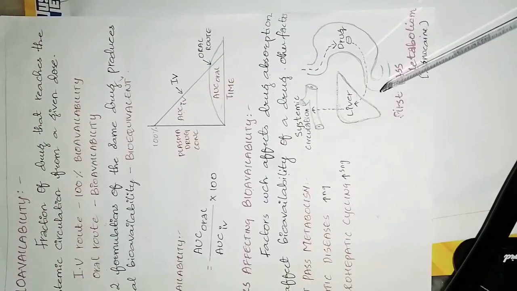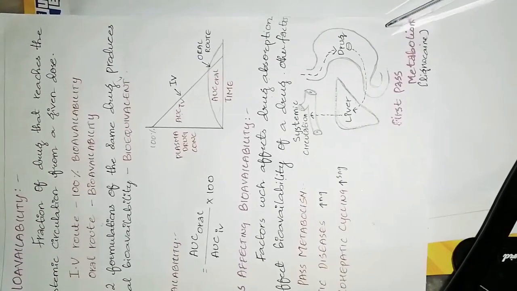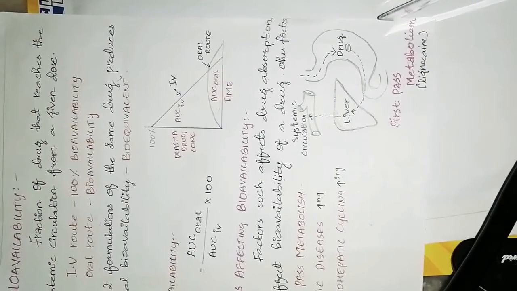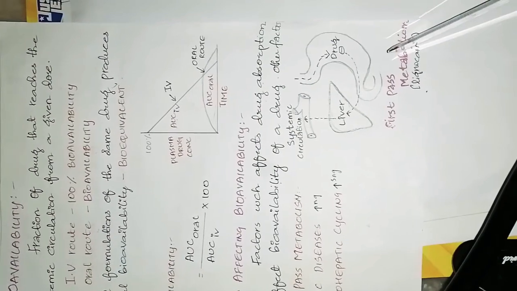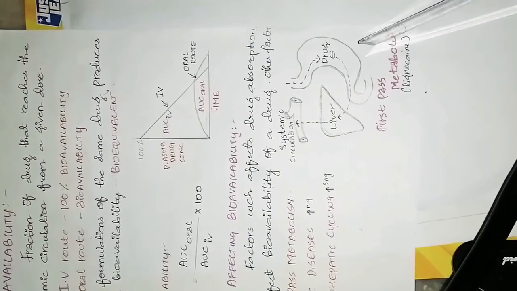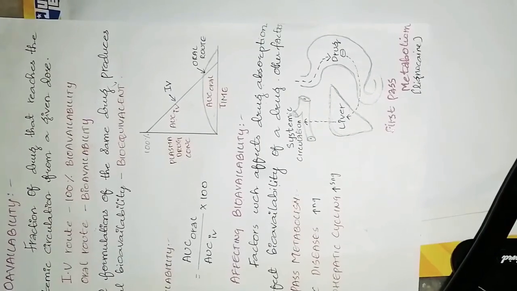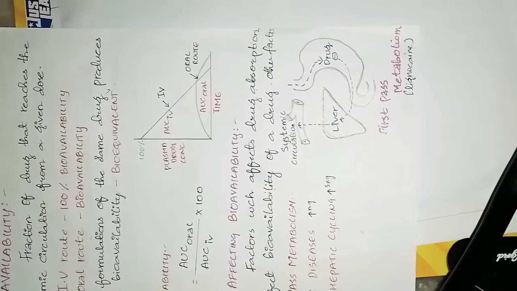An example of first pass metabolism is lignocaine. Lignocaine is administered through the IV route in ventricular arrhythmias because of extensive first pass metabolism.